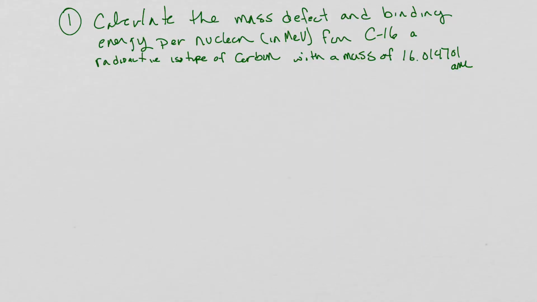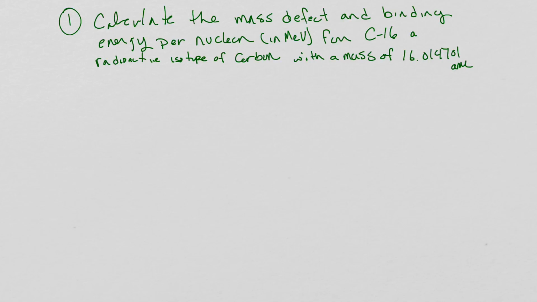Okay, so I just want to close out this section on mass defects and where this energy comes from in nuclear fission, and also in nuclear fusion, by looking at a problem to calculate the mass defect and the binding energy for a particular isotope.